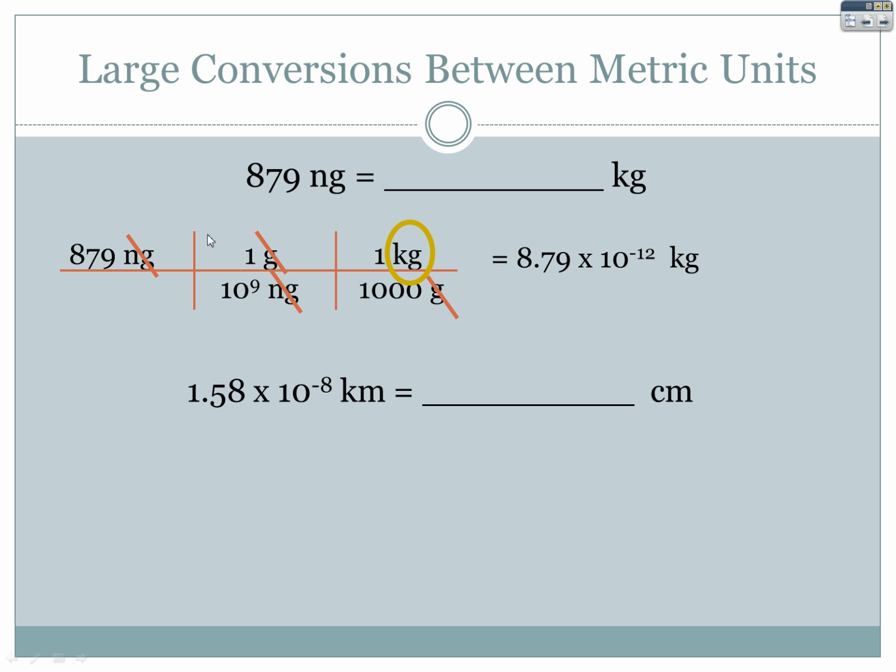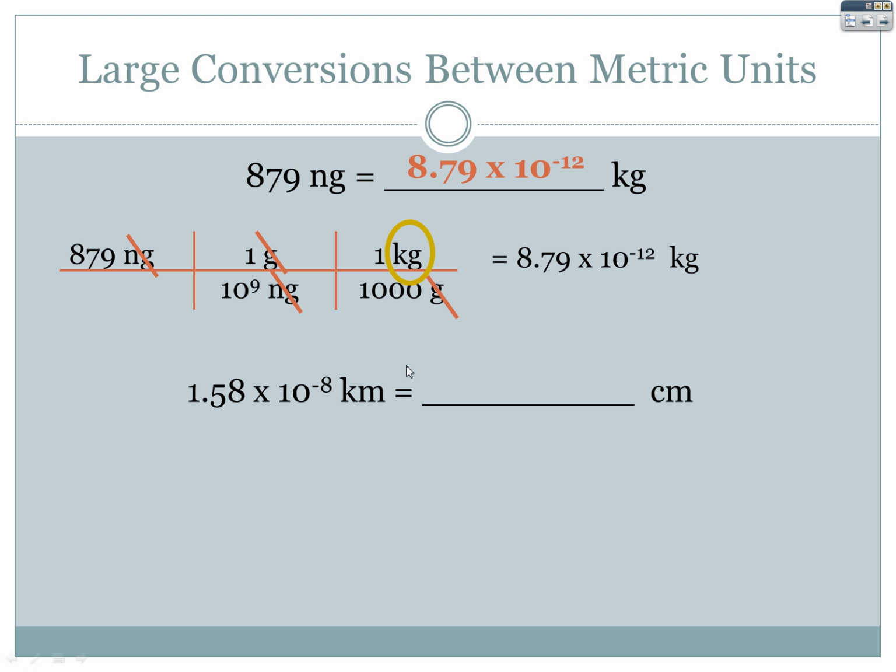And the reason why I didn't times by 1 and times by 1 is because I know that anything times by 1 is itself. So we get a very small number. Now this makes sense because we went from a very small amount to a very large unit, and so it should be much smaller. 8.79 times 10 to the negative 12. All right, let's look at taking kilometers and converting it to centimeters.